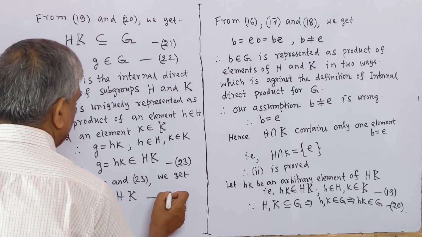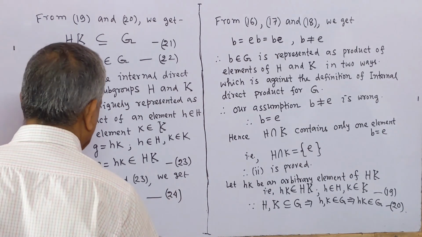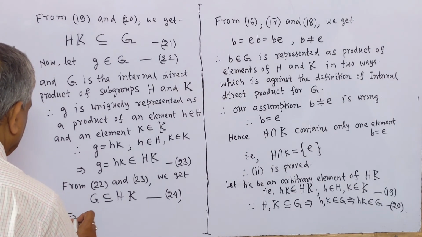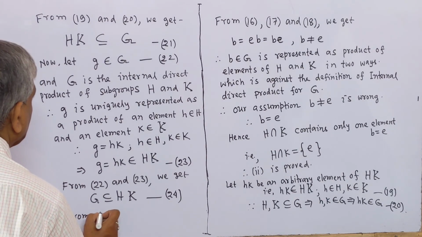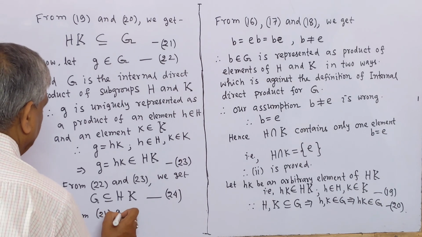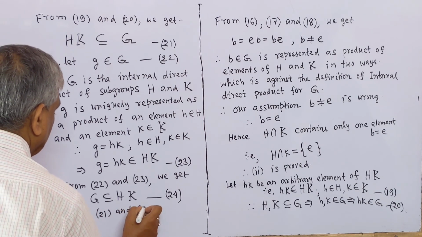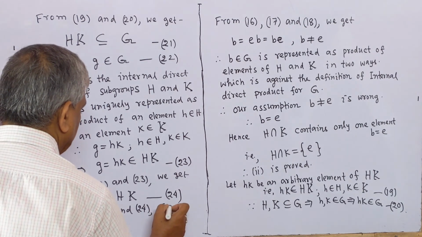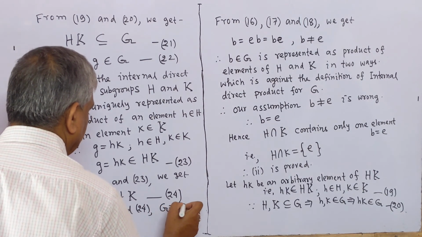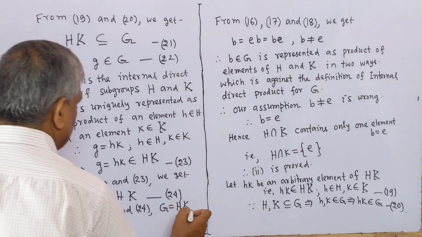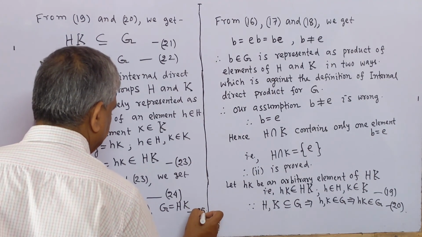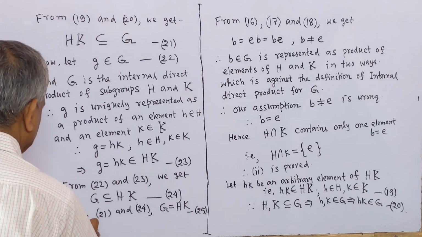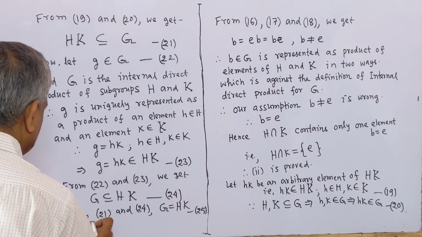This is number 24. From 21 and 24, G equals HK. This is 25. Therefore, number 3 is proved.